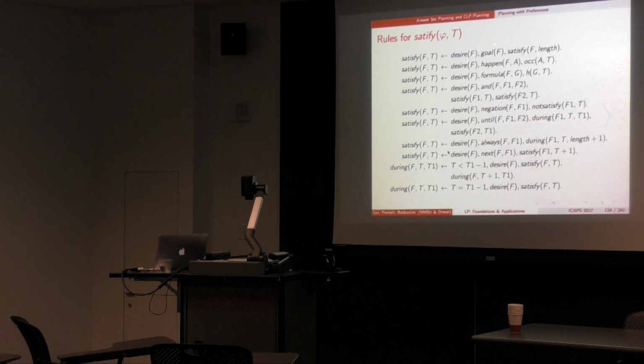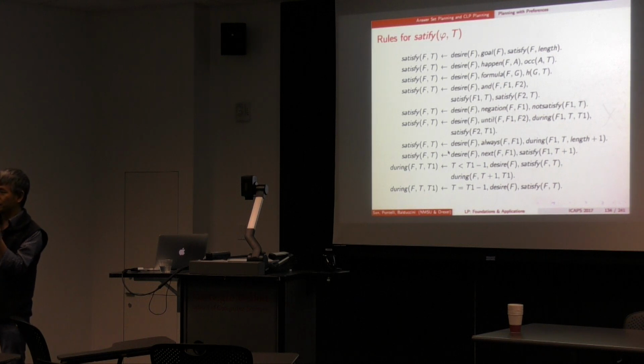If a goal is like this and F is satisfied at the length, then the formula is satisfied. That's how we can check for the satisfaction of a formula given a trajectory. Remember, we already have the trajectory and we just need to check for its satisfaction, and that's how we can do it.